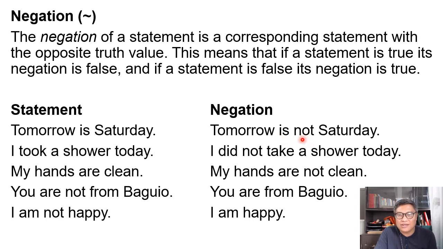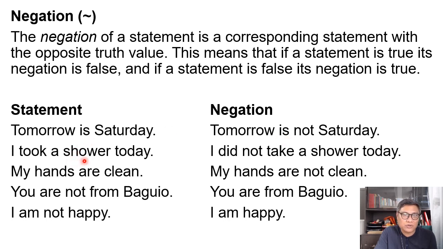Do not say that tomorrow is Sunday, because you don't need to change any of the original statement. You negate it either by removing the word not, or by adding the word not. So tomorrow is Saturday, its negation is tomorrow is not Saturday.